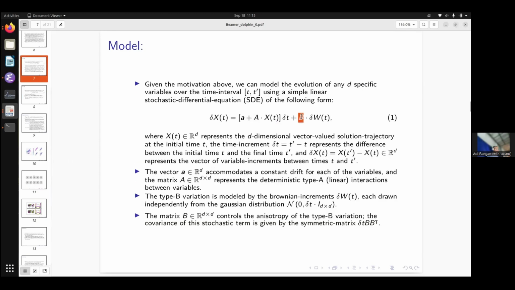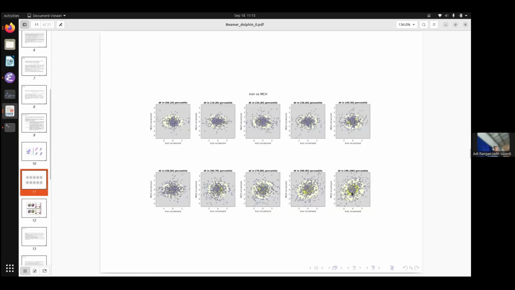Capital B has off-diagonal components that correlate the stochastic drive because this is correlated here. And capital C has some non-trivial correlation matrix due to this thing here. Okay. And so that's what we can infer for these two variables.